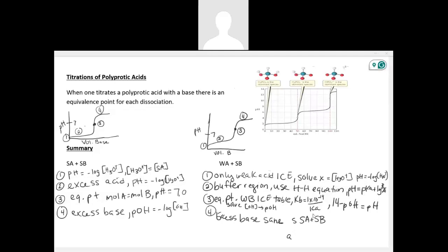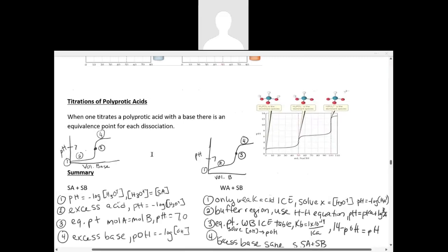In this next video from chapter 17 on some additional aspects of aqueous equilibria, we'll look at the last video about titrations. These are just some bits of information that we might have missed along the way.